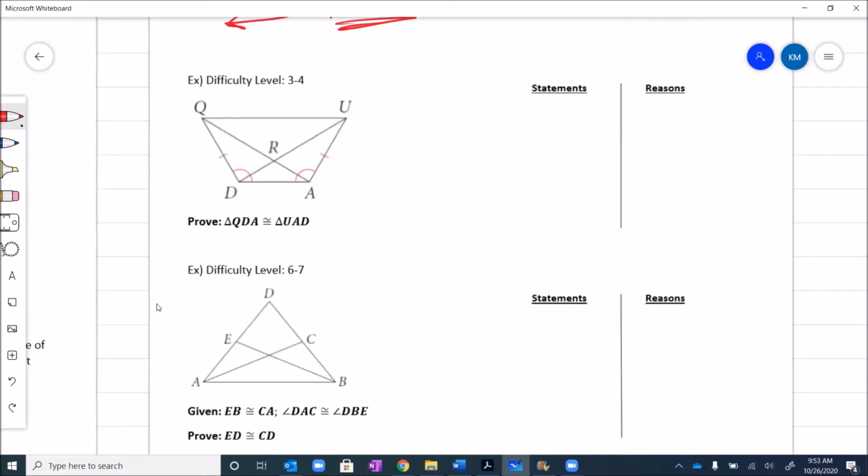Here it is asking us to prove that triangle QDA is congruent to triangle UAD. So as I'm looking at this, sometimes it's a challenge to know which triangles you need to redraw and focus on. And here it's not going to be, because they've told us that you're using QDA and UAD.